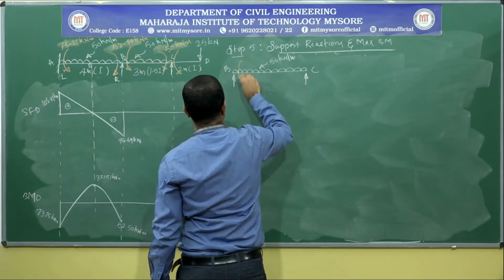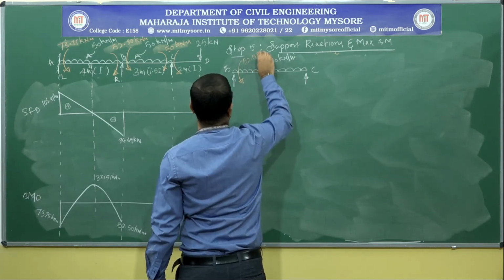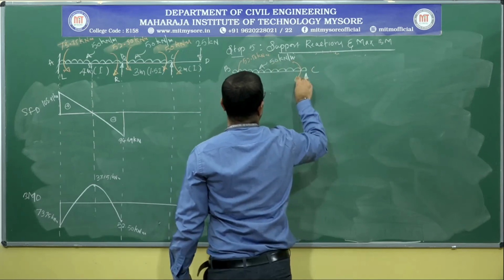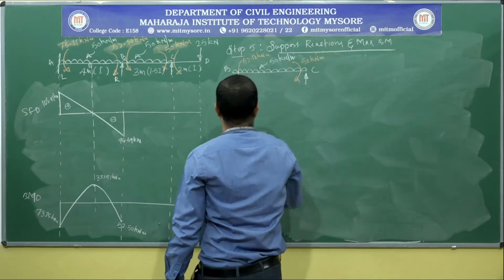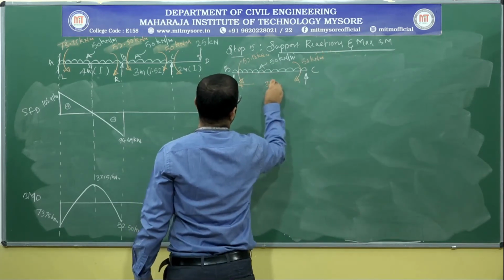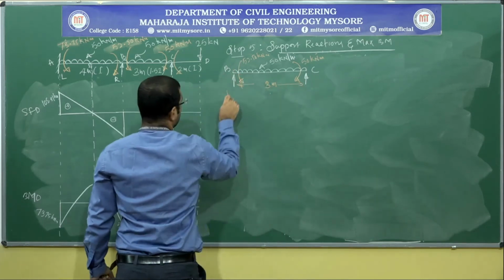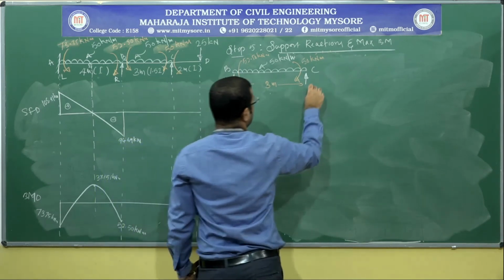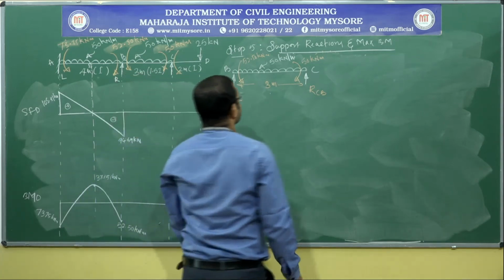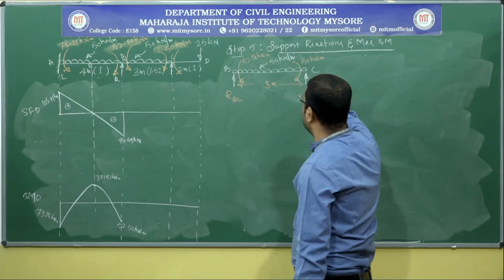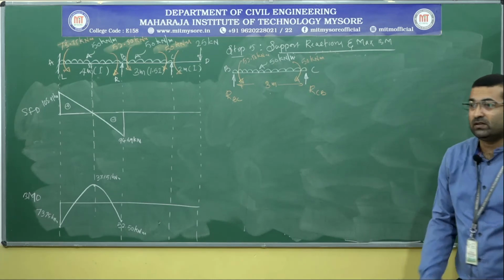One is MBC, which is about 52.50 kilonewton meter, and MCB, which is 50 kilonewton meter. The span is 3 meter. So let us call the support reactions RBC and RCB. We need to determine the support reactions RBC and RCB, and also how much is the maximum positive bending moment about the span BC.